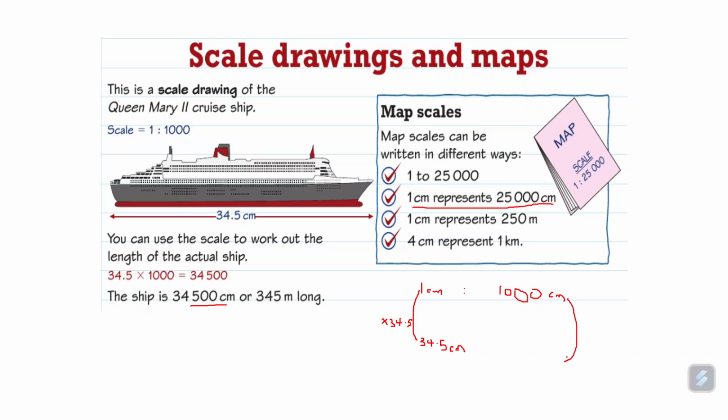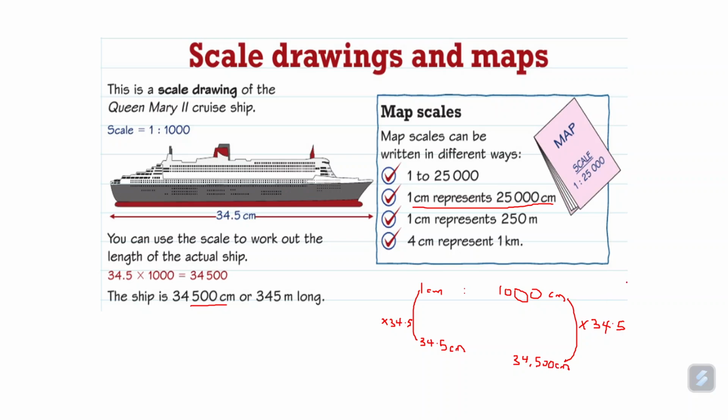So you multiply this 1,000 by 34.5 centimeters. If you multiply 1,000 by 34.5, you should have 34,500 centimeters.